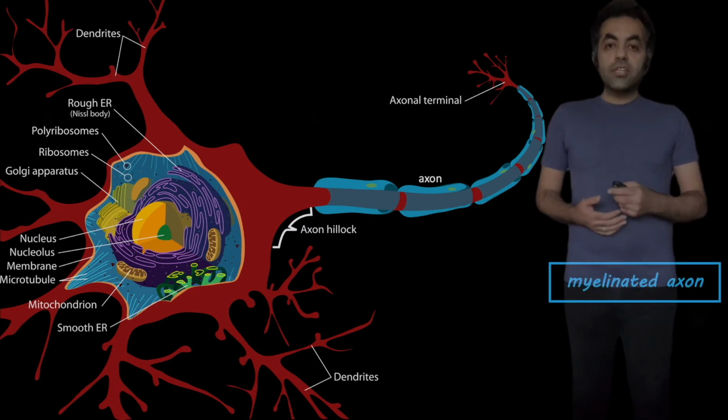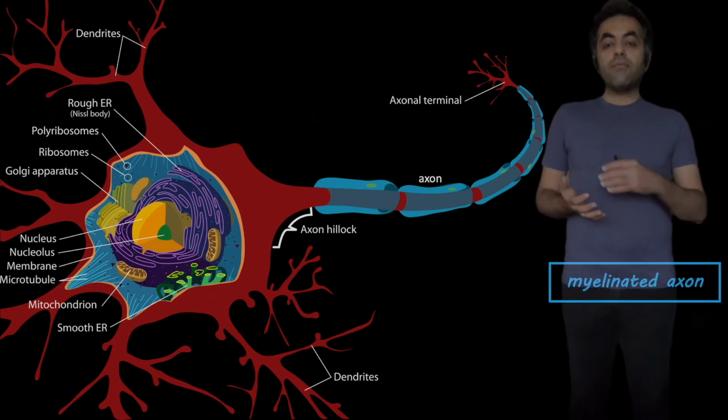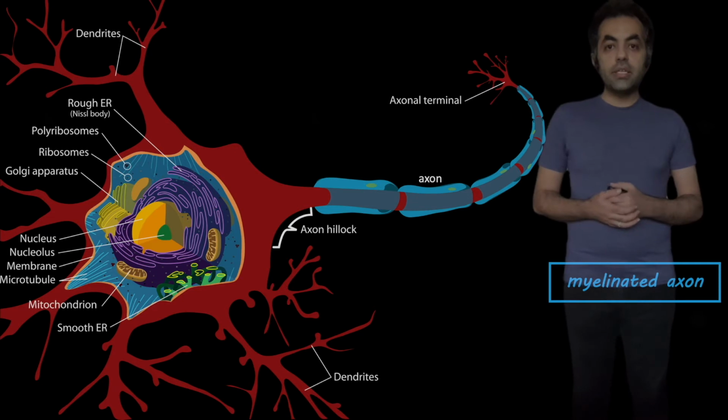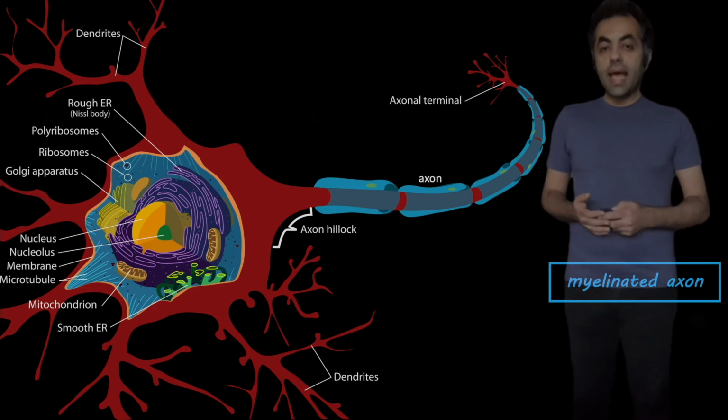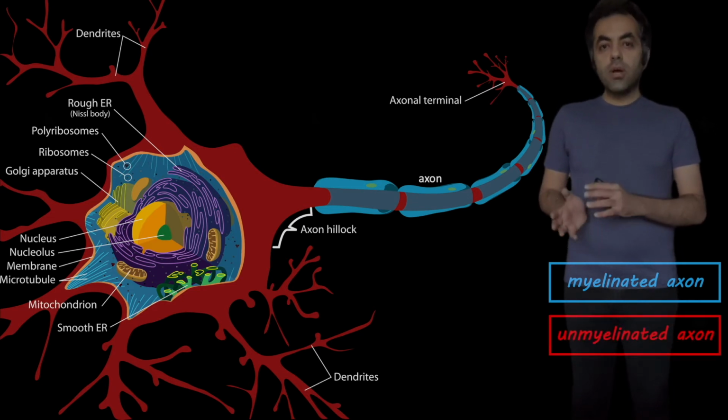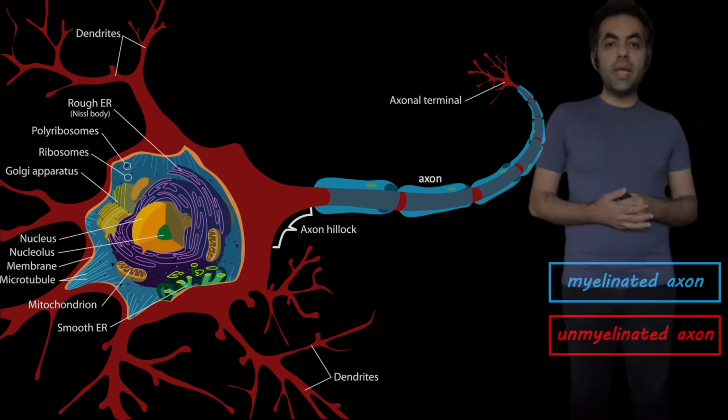The axons that have these insulating layers are called myelinated axons, and there are some, but not many, axons that do not have these insulating layers. Those are called unmyelinated axons.